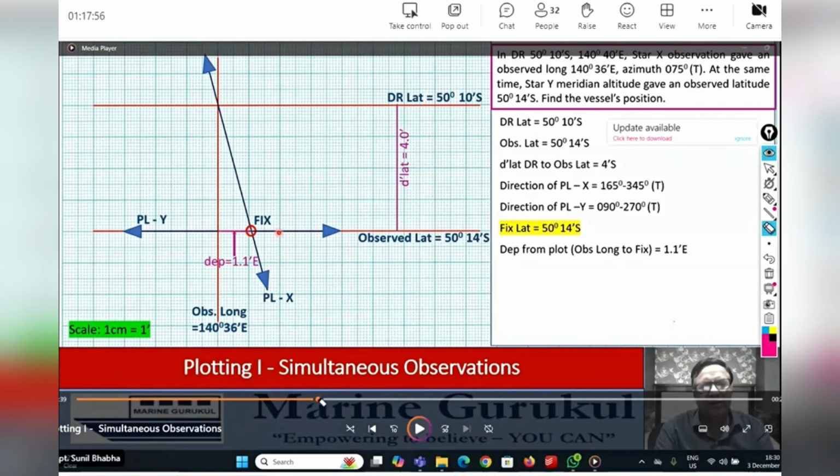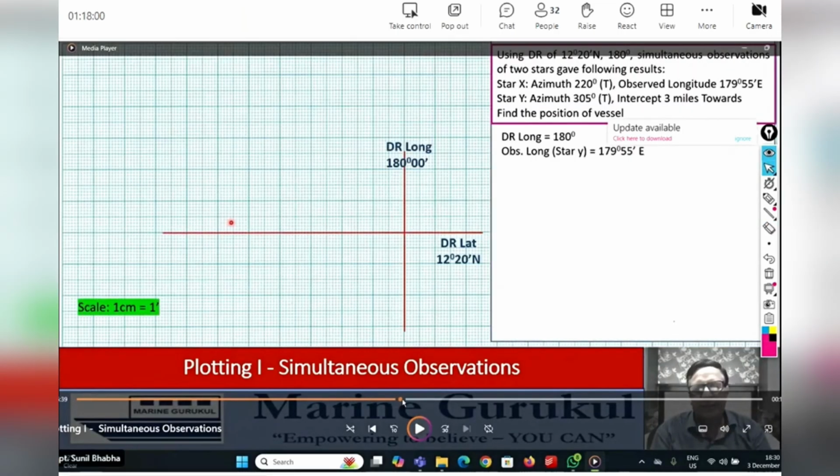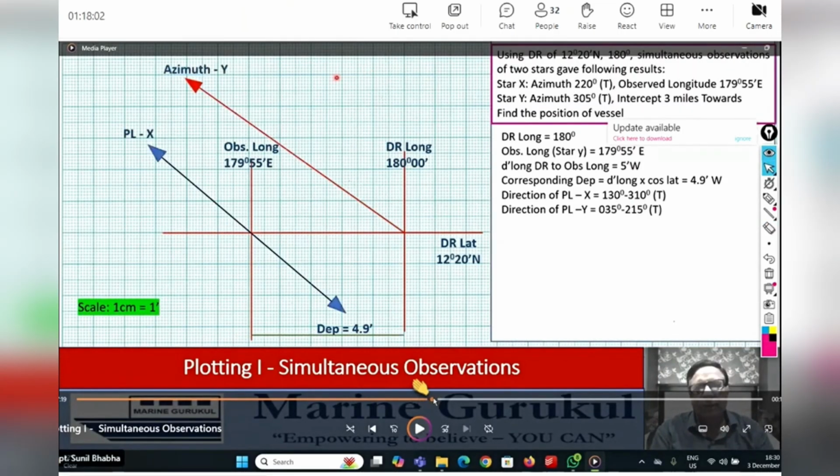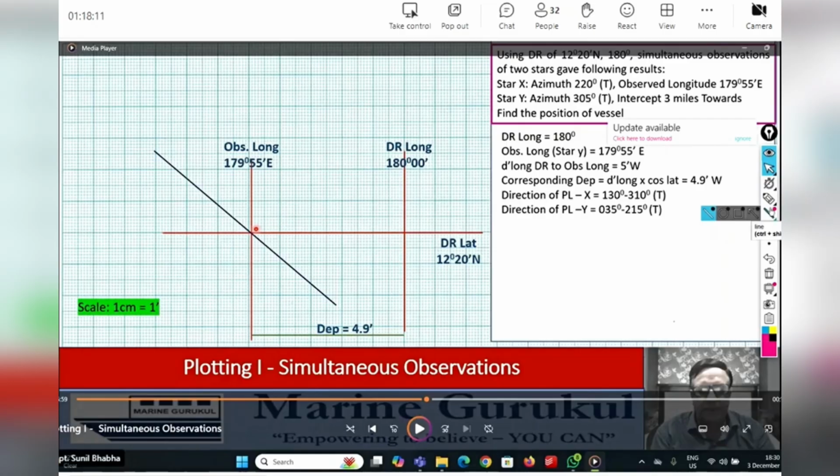Let's go back to our plot. So here we are. Our first PL is on the screen now. You want to have the azimuth now? Here, I have made the azimuth too, beta. Here is the azimuth. If you want, you can make it.